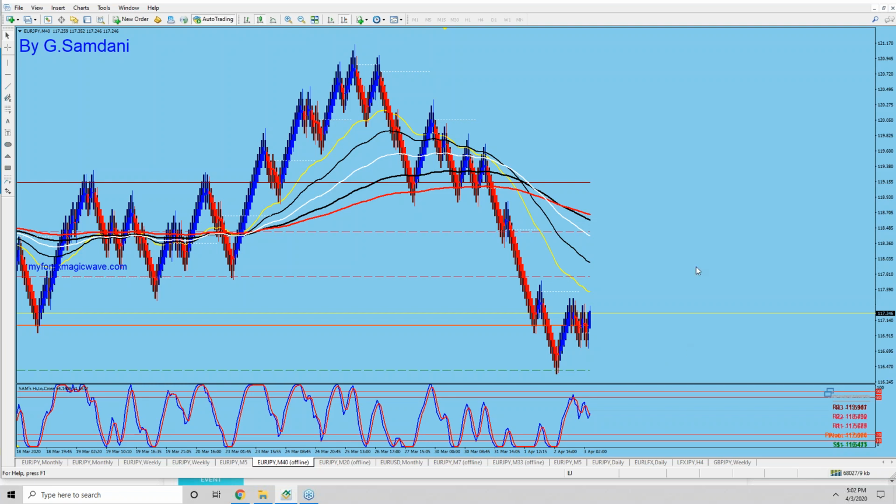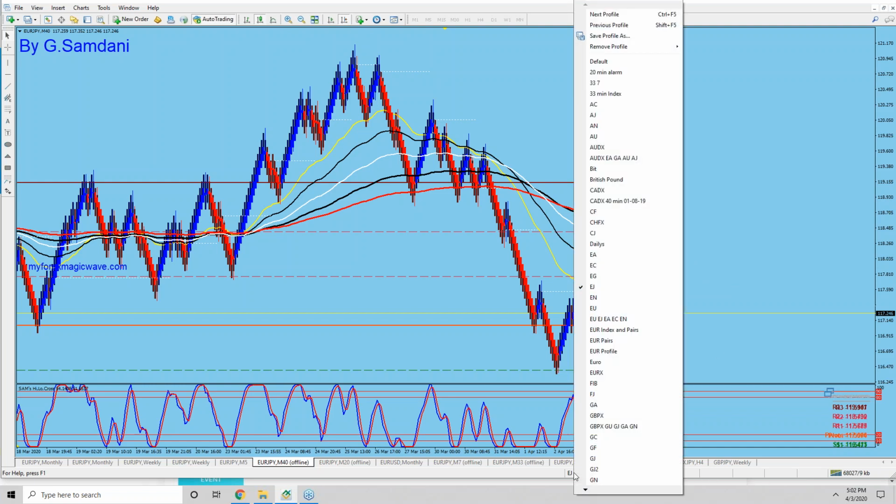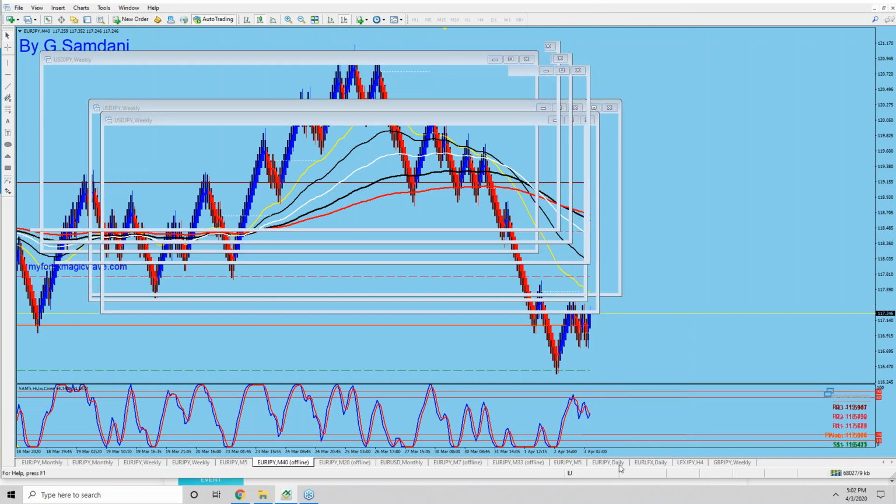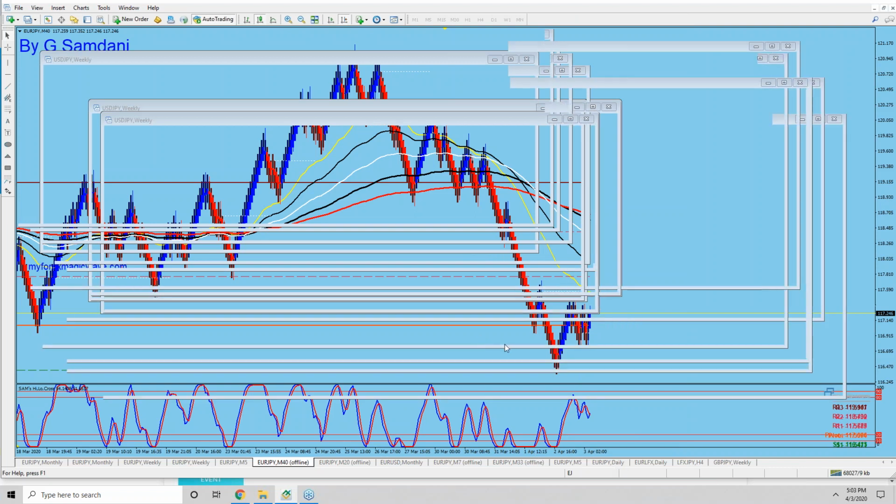I'm gonna sit down and then look deep into these pairs, and if I find some setup, like just right now I saw something very good, a good setup, then I make the chart, right? So just like that, USD yen, USD weakness, because of the weakness, USD yen should be going down. So let's see what happens.